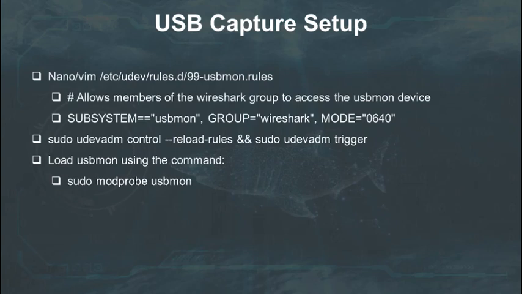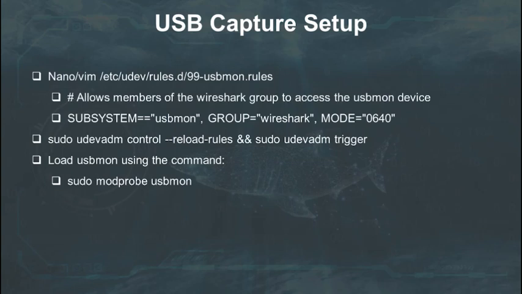You can use nano or vi to create the file in the provided directory you can see. Inside this file that you will create, please paste the following: allow members of the Wireshark group to access the usbmon commands. Press Ctrl+O if you're using nano, and please save the file and exit.